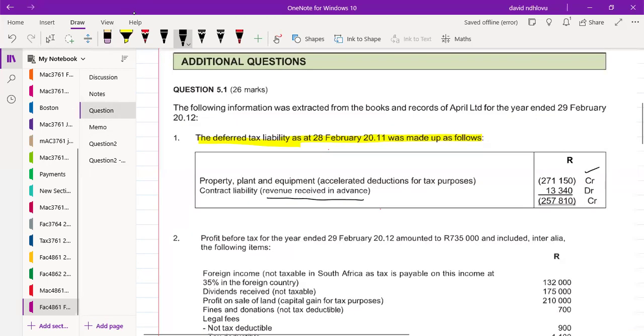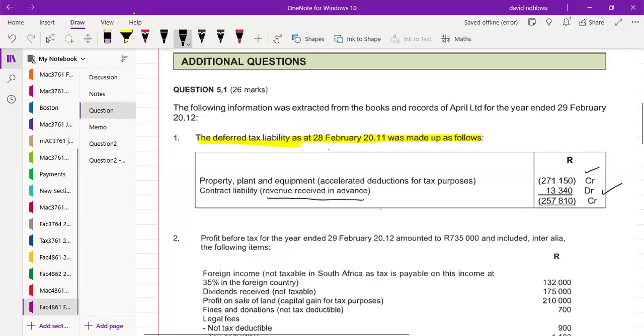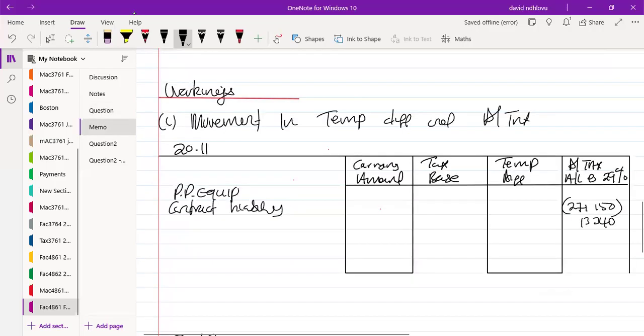Then the other one had deferred tax of 13,340, which is a positive amount. Then we add and get our total, which is 257,810.